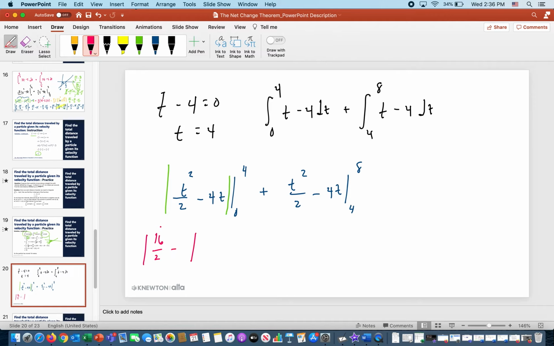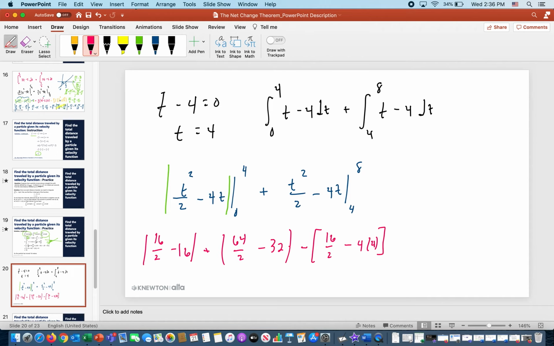Sorry, I had a minor slip there. Plus, we're going to plug 8 in. So we're going to have 64 over 2 minus 32, right, 4 times 8. So 8 squared is 64 over 2. And then when I plug 4 in, I'm going to subtract 16 over 2 minus 4 times 4.